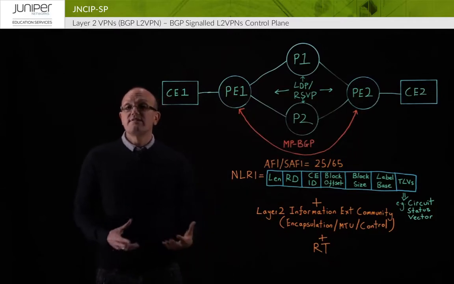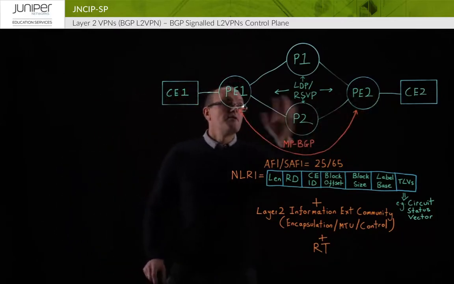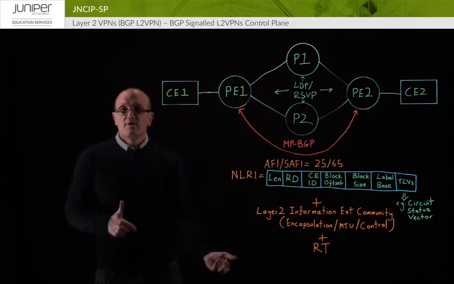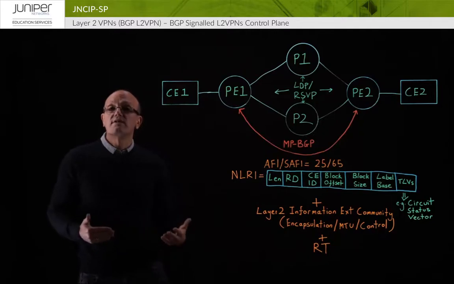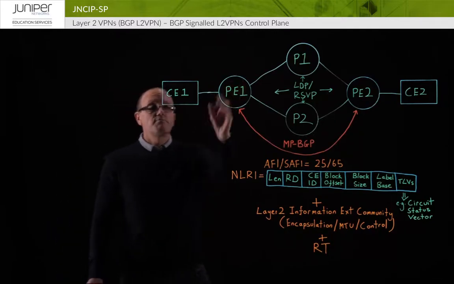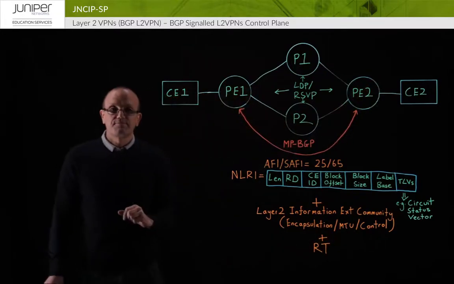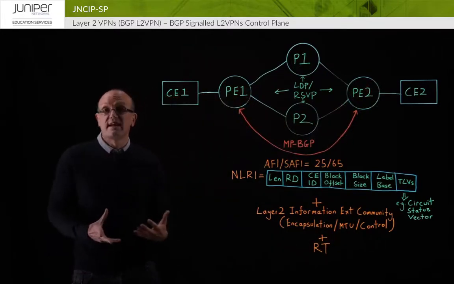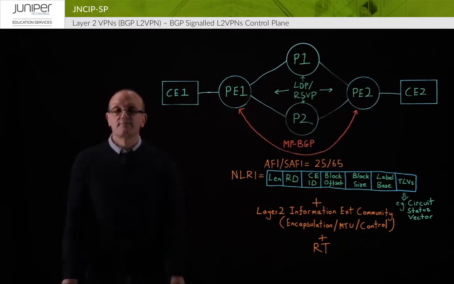These label switch paths are carrying the traffic between our PE routers. We're using the outer transport label to switch traffic along these label switch paths from PE via P node to PE. And this is the same in Layer 2 VPNs and Layer 3 VPNs when we're looking at BGP signaling.